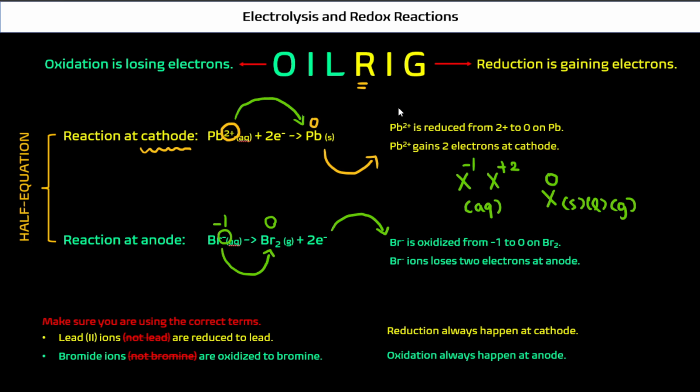From writing down this half-equation and writing down this equation, we can simplify it by always saying that reduction will always happen at the cathode and oxidation will always happen at the anode. This is very easy if you pay attention, but if you are careless, you are going to make a lot of mistakes around this very simple information here. So do make sure you pause the video and absorb all the information now.